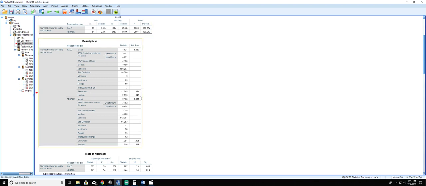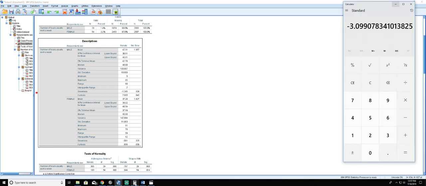Our kurtosis, and we're going to do the same thing we did with skewness. We're going to take the ratio of our kurtosis, 7.015, over its standard error, which is 0.845. And that gives us a pretty big kurtosis statistic here.